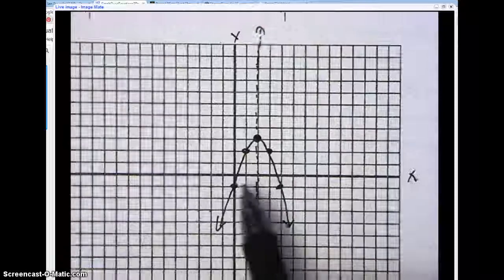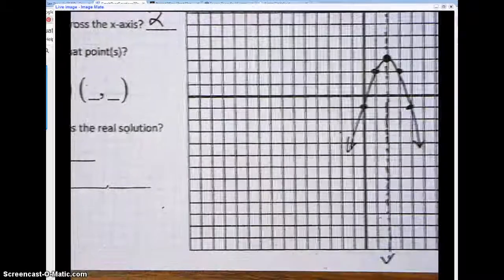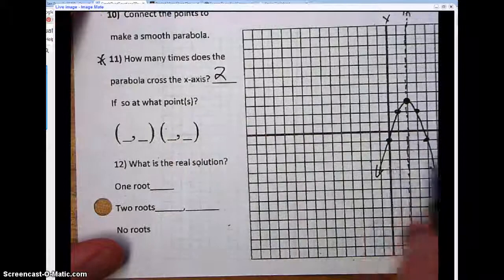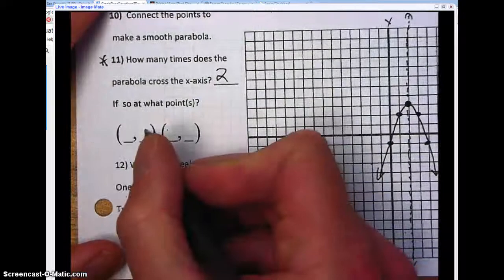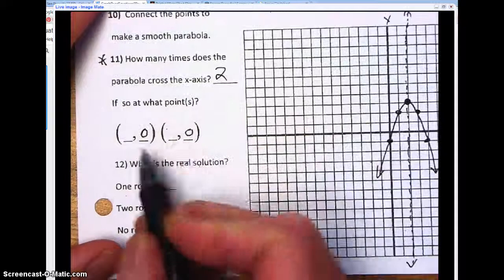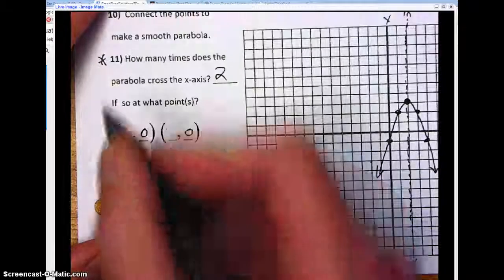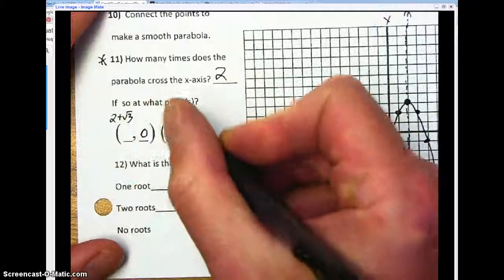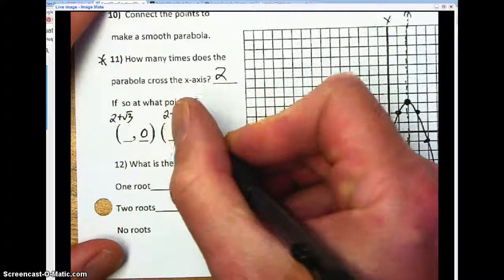So at what points do they cross the x-axis? Let me zoom out. So let's answer the question. It crosses at something comma 0 and something comma 0. Do you know what those somethings are? 2 plus radical 3 and 2 minus radical 3.